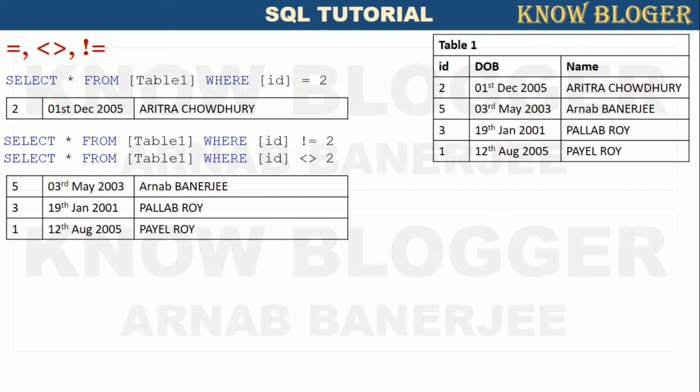You can see I have used two different statements for the two different operators. Both say ID not equal to 2, and the result is given here. It shows all records except 2, because we are searching for records which are not equal to 2.